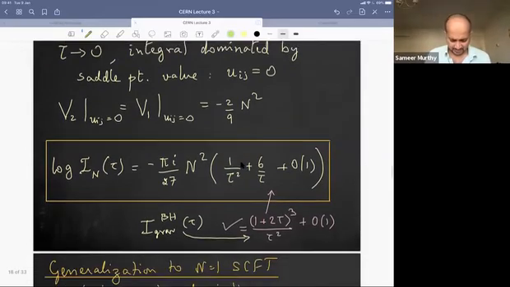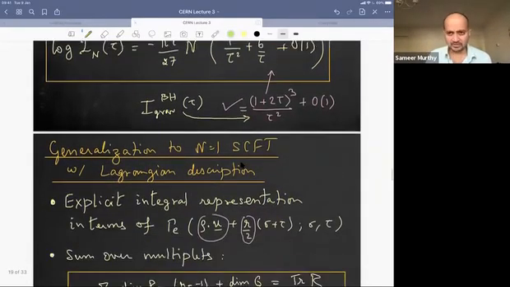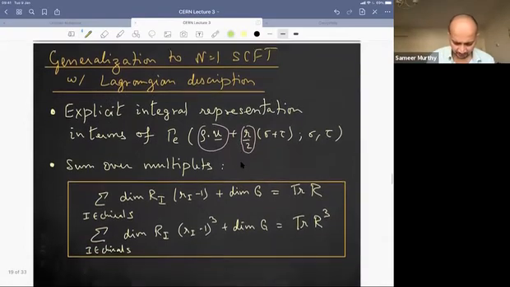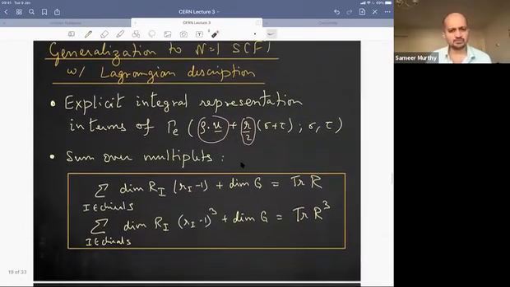Now we want to generalize this to an arbitrary N equal to 1 superconformal field theory with Lagrangian description. So what happens? There's an explicit integral representation, like yesterday I hinted about. Instead of ui minus uj, you have some sum over representations, and instead of 1/3, you'll get R charge over 2.